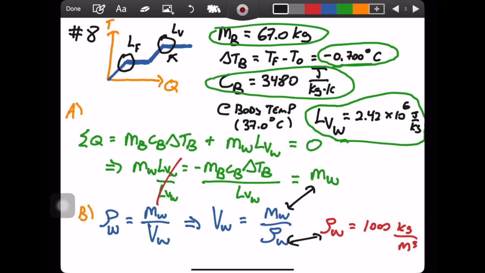So that allows you to determine the volume of the water that you would have to drink to replace the mass of the water necessary to evaporate and cool the body by 0.700 degrees Celsius.